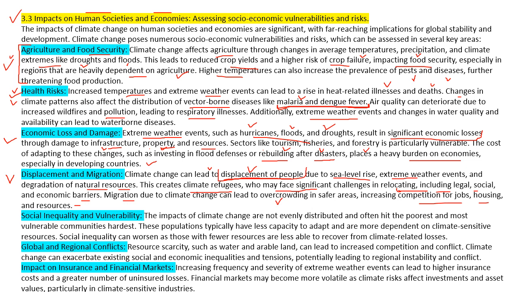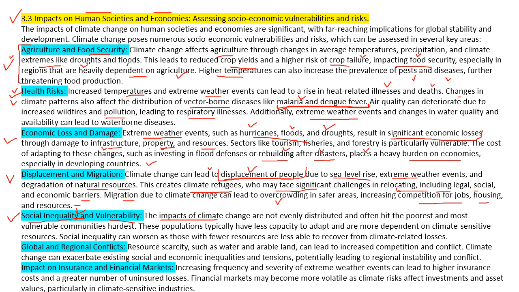Now we come to social inequality and vulnerability. Those communities which are hardest hit due to the impact of climate change will be poor, and it will lead to social inequality and vulnerability.